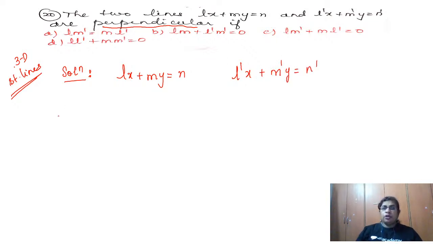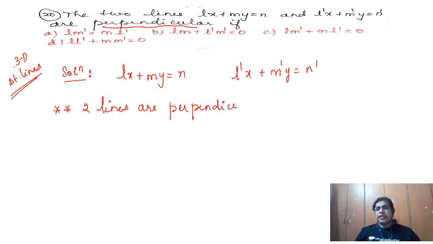Now they have told the two lines are perpendicular. So what is the condition for two lines perpendicular? If the two lines are perpendicular, what comes to my mind? The dot product is 0. Dot product means what? Dot product is a scalar.